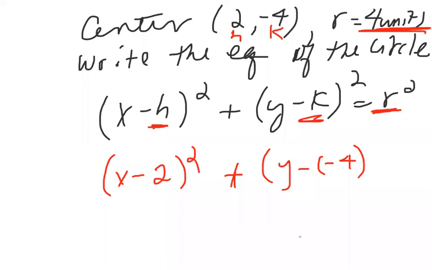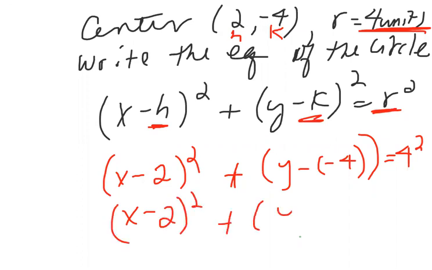And because we're minusing a negative, that is going to turn out to be a positive. Oops, I'm putting a 2 here. That's supposed to be a 2. There we go. And y minus negative 4 is going to be positive 4. And then 4 squared is 16. So guys, there's your equation.